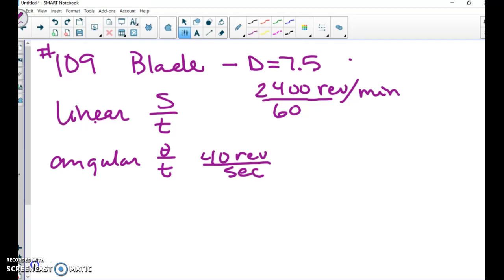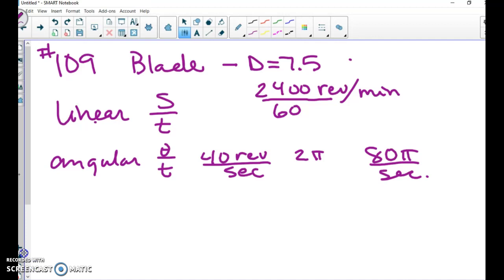In each revolution we are covering 2 pi distance. So 2 pi times 40 gives us 80 pi radians per second. And that is our angular speed.